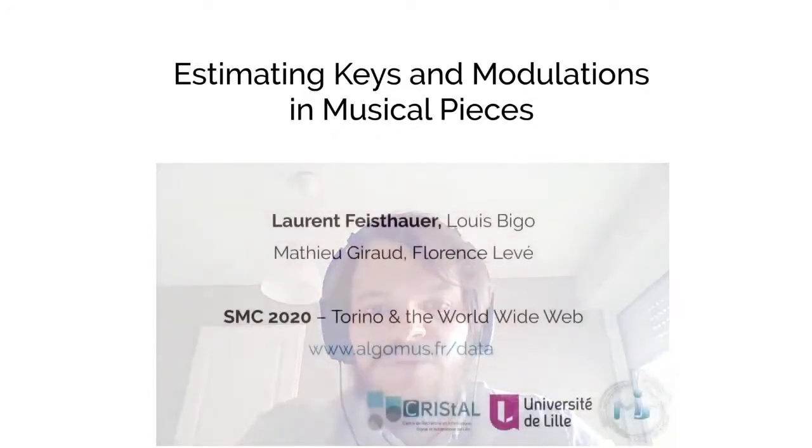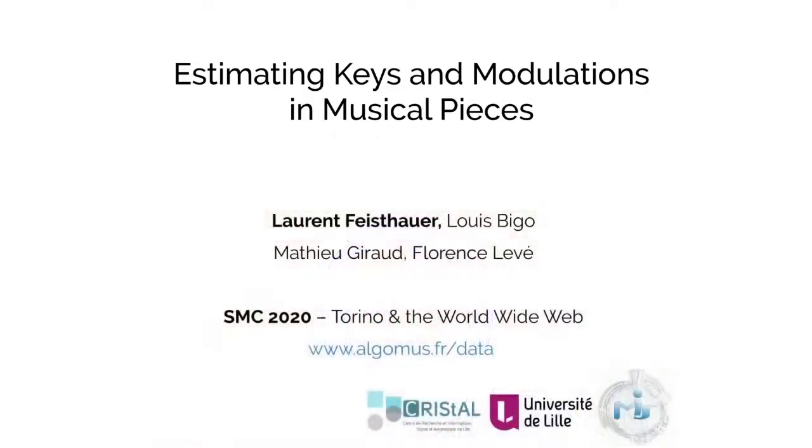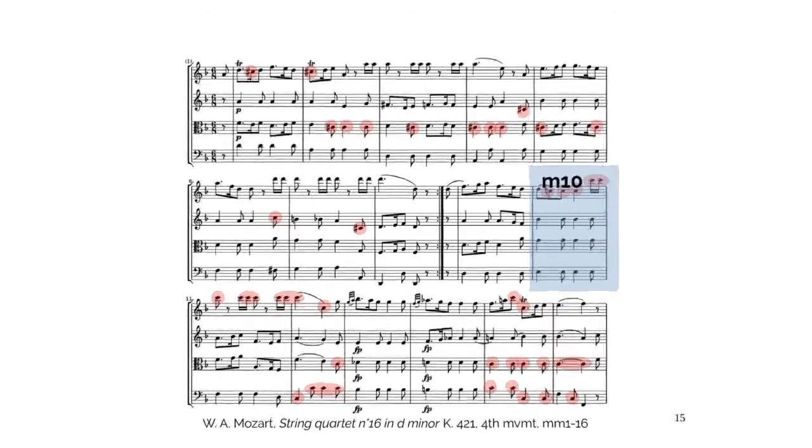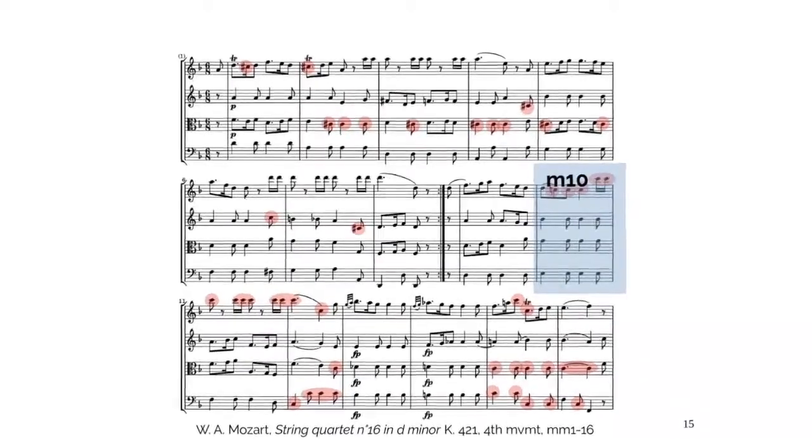We want to model what there is really in music when the key is changing. What we propose is based on musicological knowledge. So, what aspects of the music make the listener and the analyst feel that there is a modulation? A first signal is when one of the notes does not match the current key.